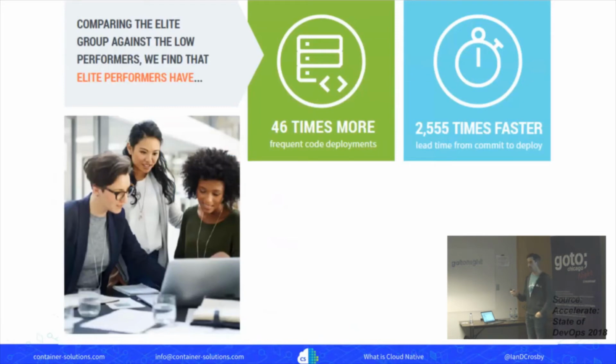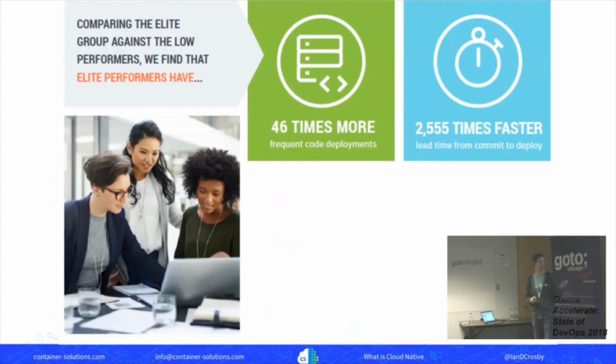And this is from their 2018 State of DevOps report, which came out a couple months ago. Essentially, they put companies into different categories from the highest performers down to low performers based on certain measures. These statistics compare the highest performers to the lowest performers.